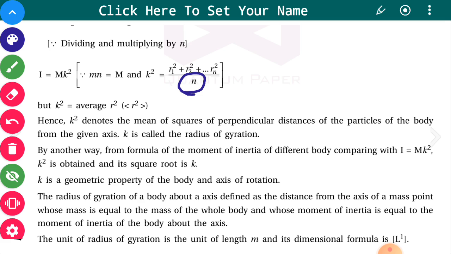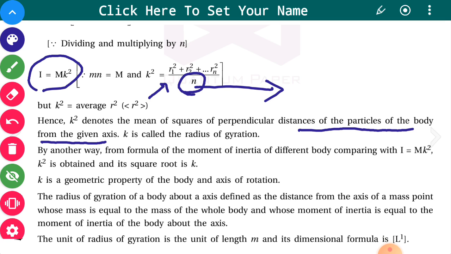When we divide by the total number of observations or particles, this becomes the average. So this value is nothing but the average of the square of perpendicular distances of all the particles of the body from the axis of rotation. So we have replaced this as k square, and I is equal to M k square.